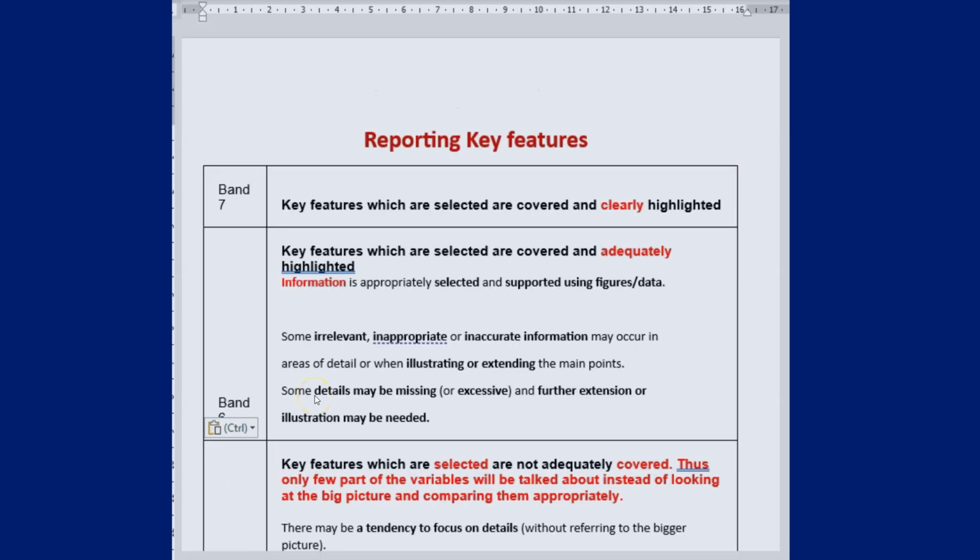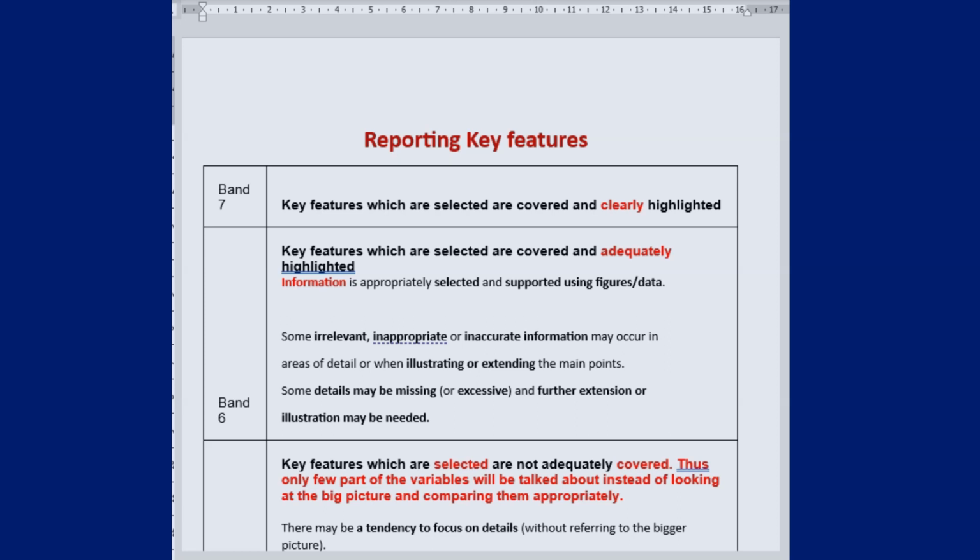So for you to write a band 7 essay when it comes to the key features, they tell us that the key features in the band 7 are clearly selected, covered, and clearly highlighted. Okay, so remember, highlighting means that you have been able to open up the key features, describe them properly, and compare every part of it. Remember that we are supposed to summarize, compare the key features, and report them when necessary.